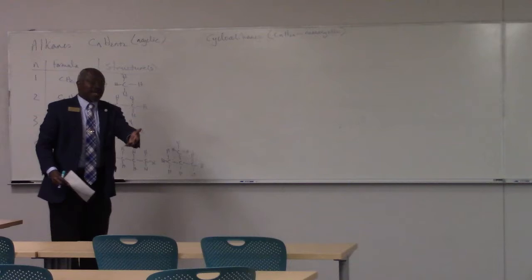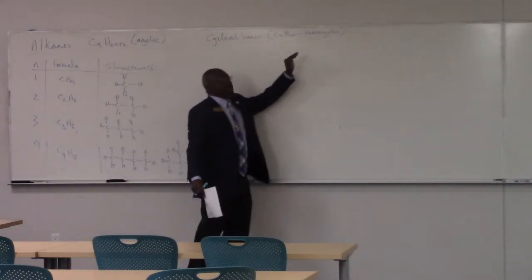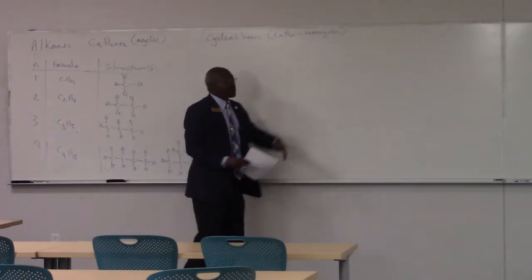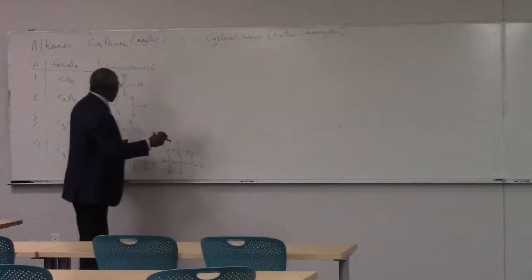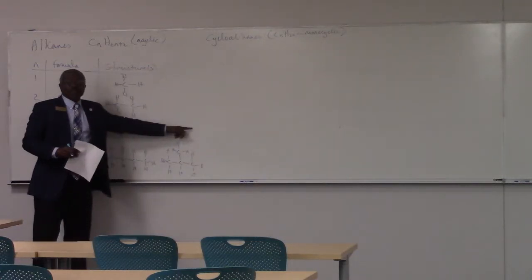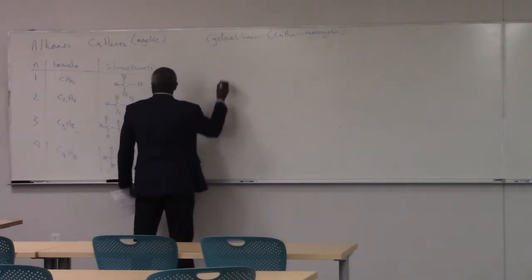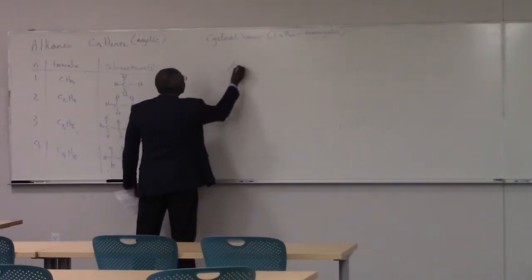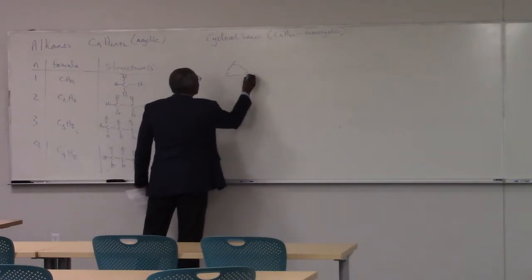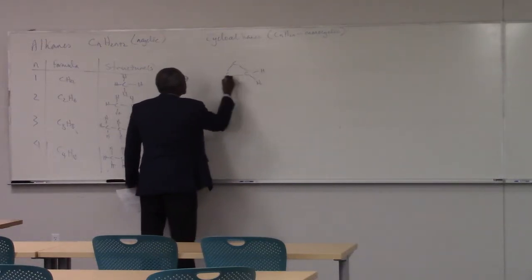If they were bicyclic, it would be CnH2n minus 2, and so on. And you can start to get rings at 3 carbons. So I could have this one.